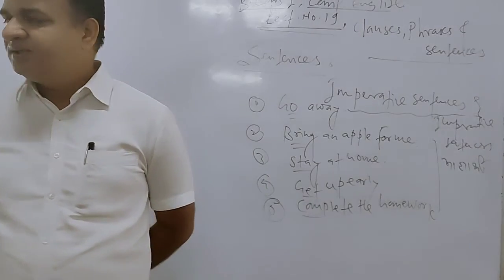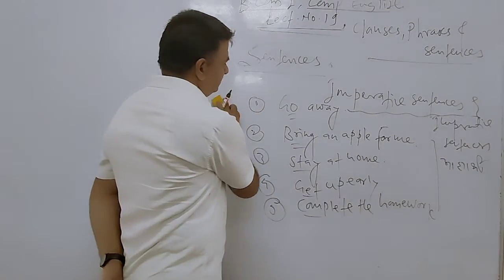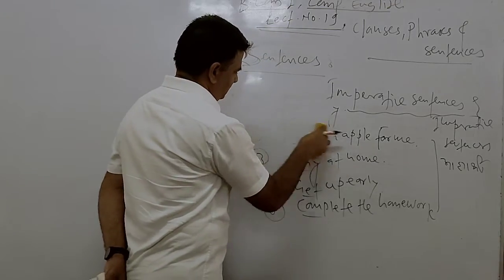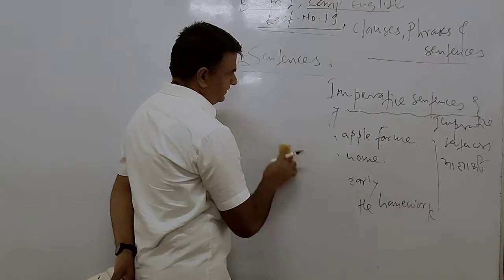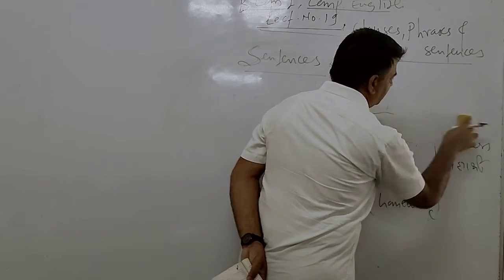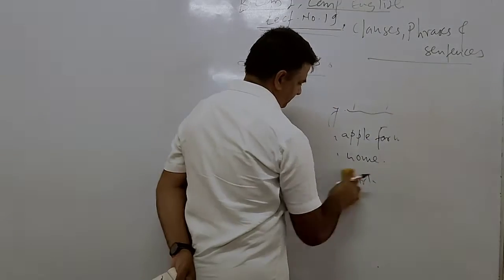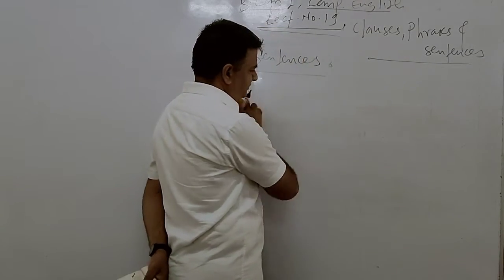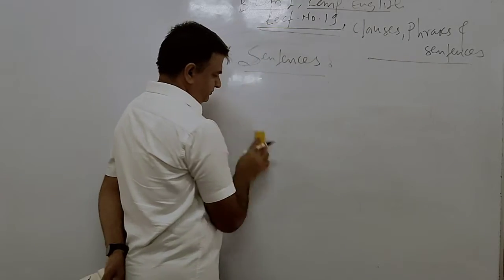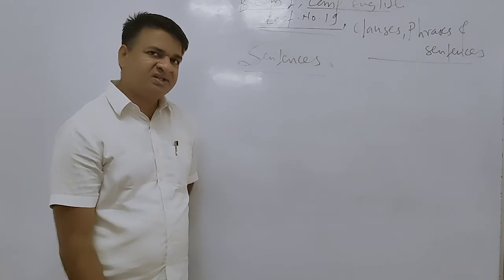All these sentences begin with the verb, and so we call them imperative sentences. After that, we will study a different type of sentence that you identify by its structure.